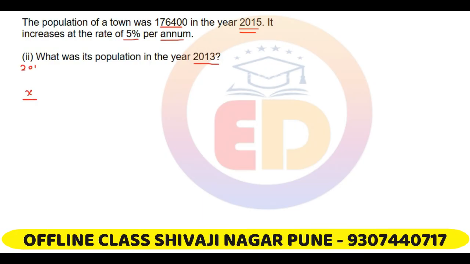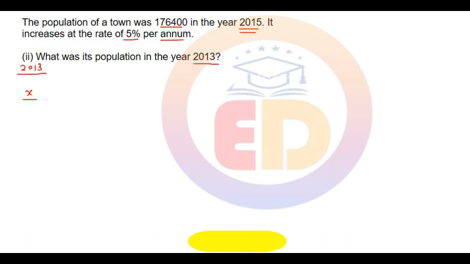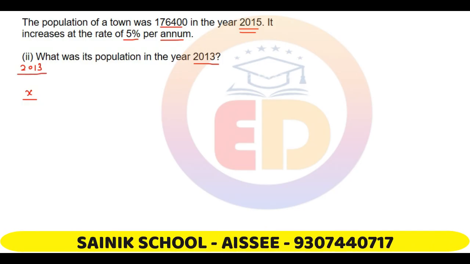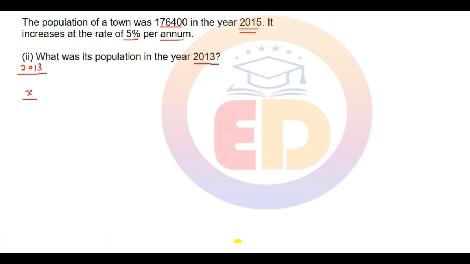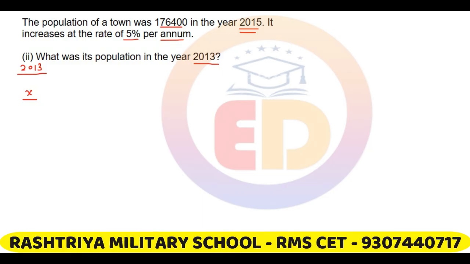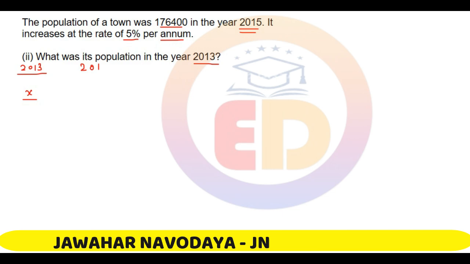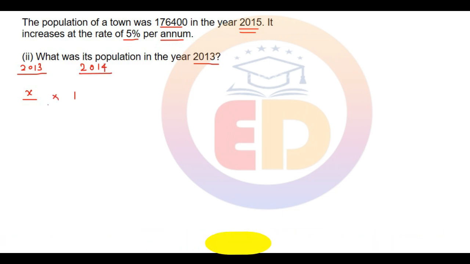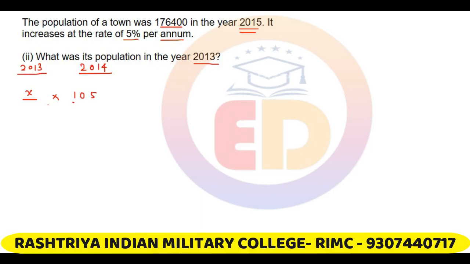In 2013 the population is X. And from 2013 we know that every year it is increasing by 5%. In the year 2014, the population X will be increased by 5%.